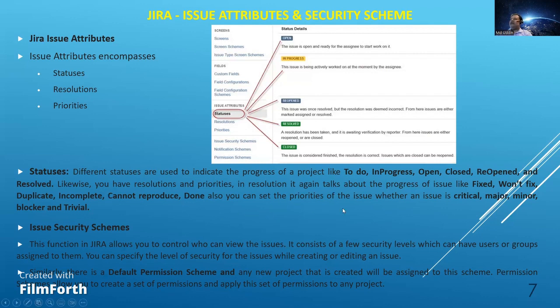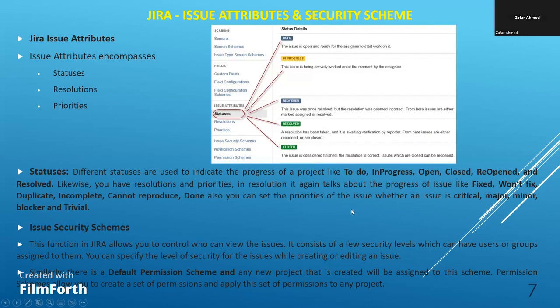And also you can set the priority of the issue, whether the issue is critical, major, minor, blocker, or trivial. Those are the priority or severity, right? So it depends on the issue how you deal with it.